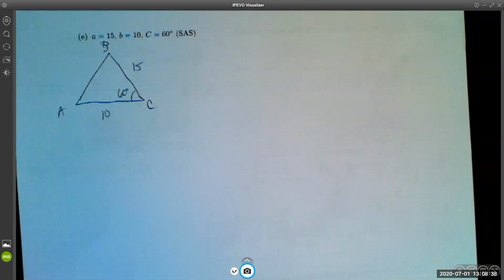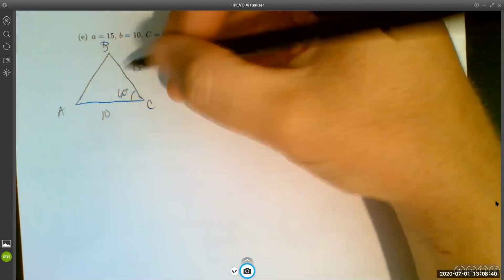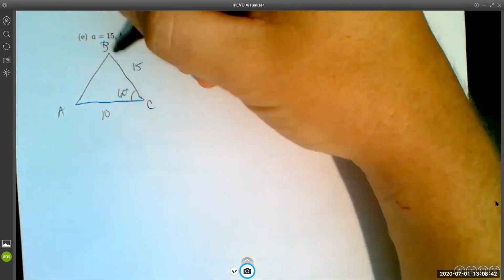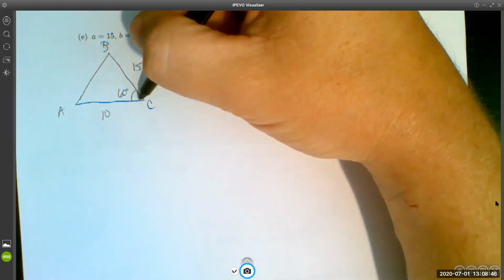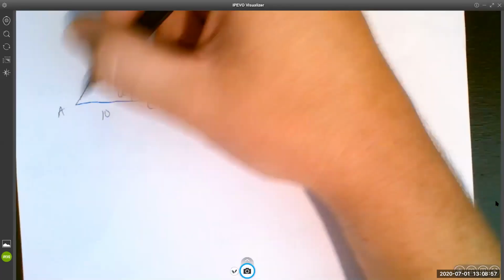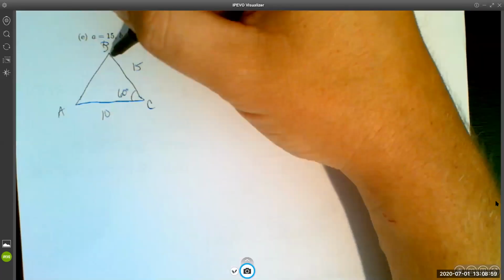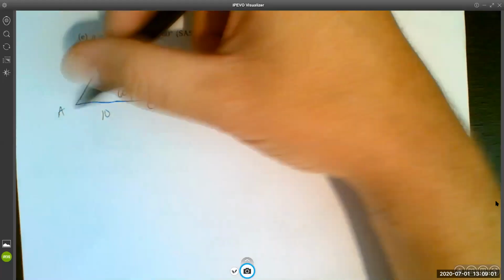So what we would say actually is, no, we would say this: c squared equals a squared plus b squared minus 2ab cosine c. Let me write it out.